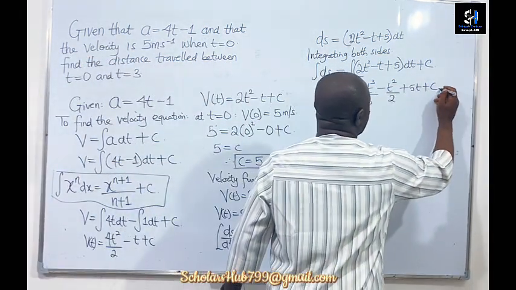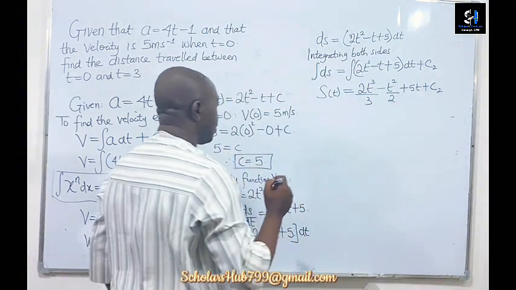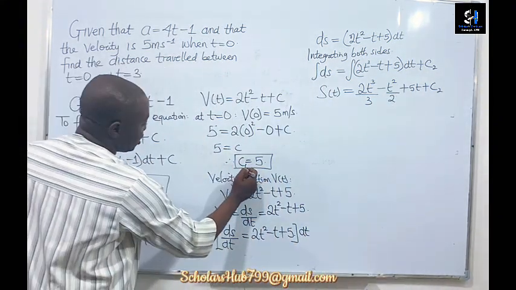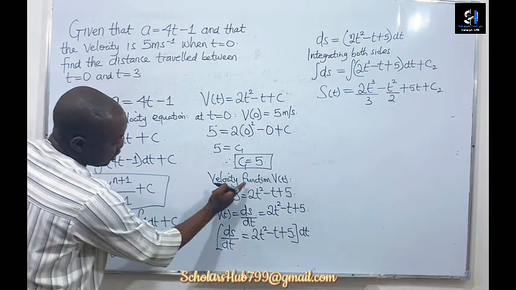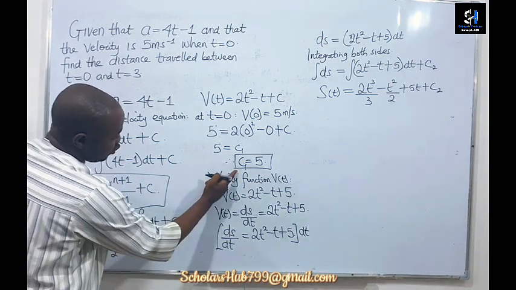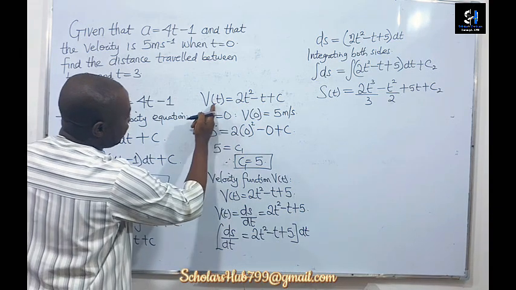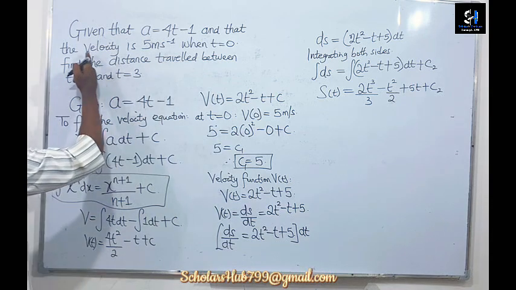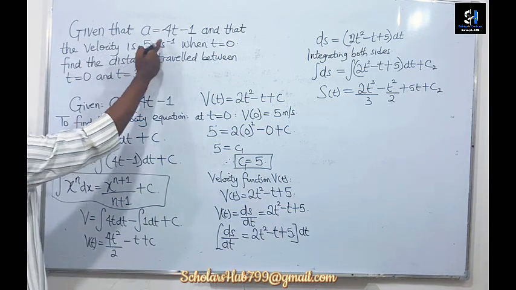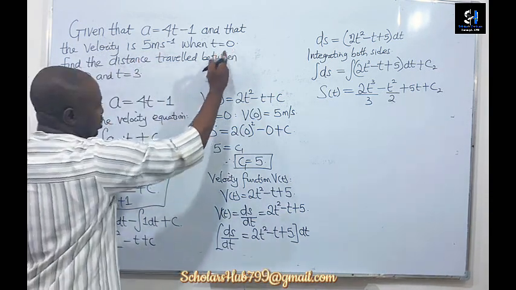So this time we have c2, because the first one is when we wanted to find the velocity function. The velocity function is 2t squared minus t plus c. In the question, we are given that velocity is 5 meters per second when t equals 0.